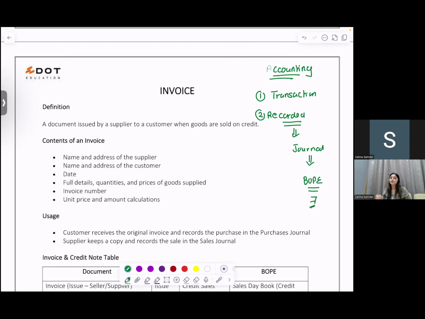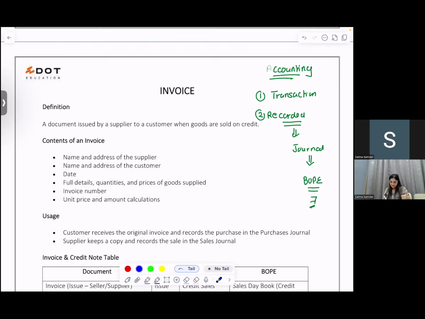Now, the thing to note over here is that when you have these 7 books of prime entry and you are going to record your transaction, you are going to look at some documents while recording the transaction. So, your first document was the invoice.